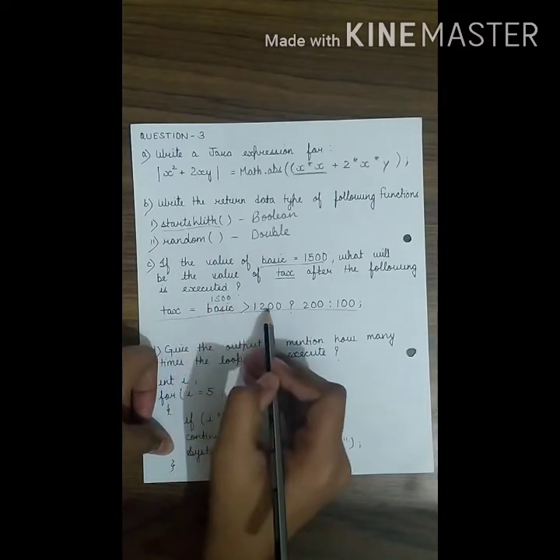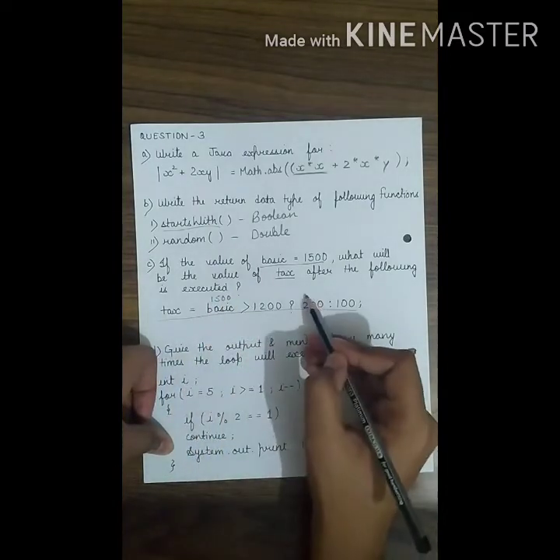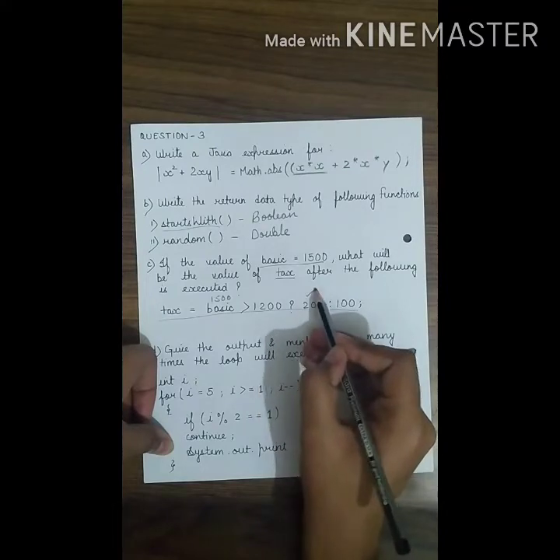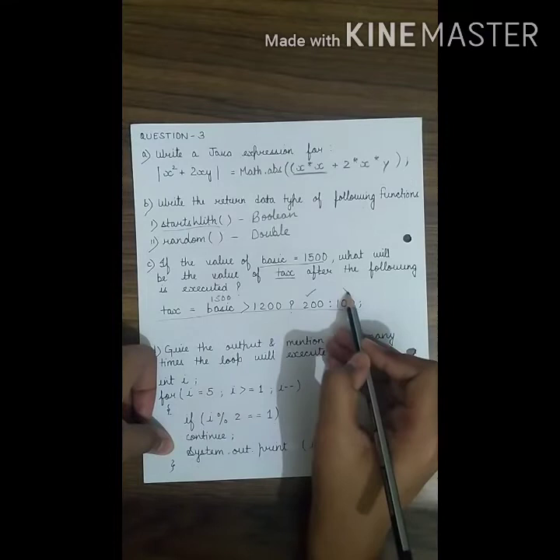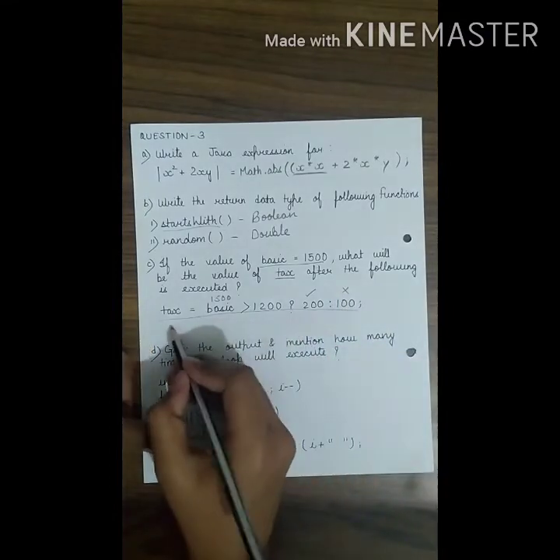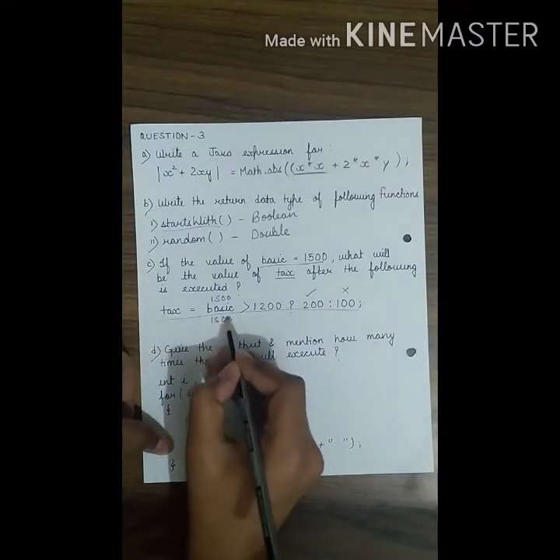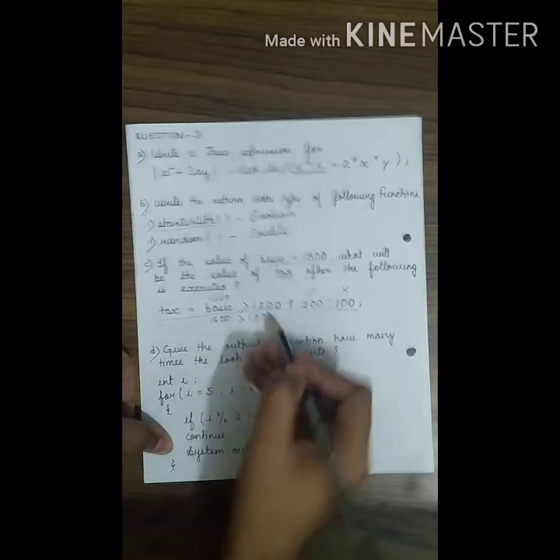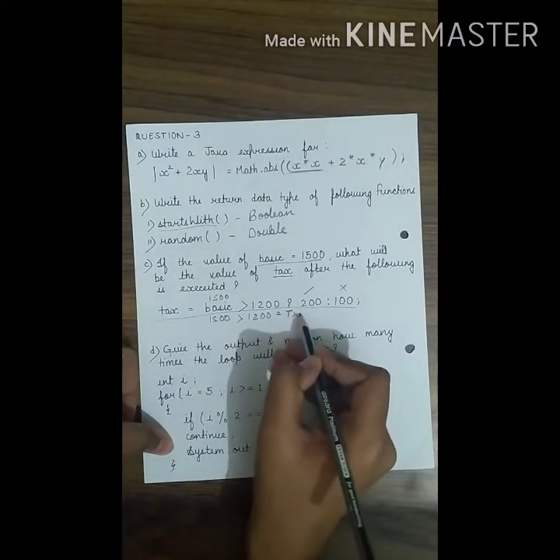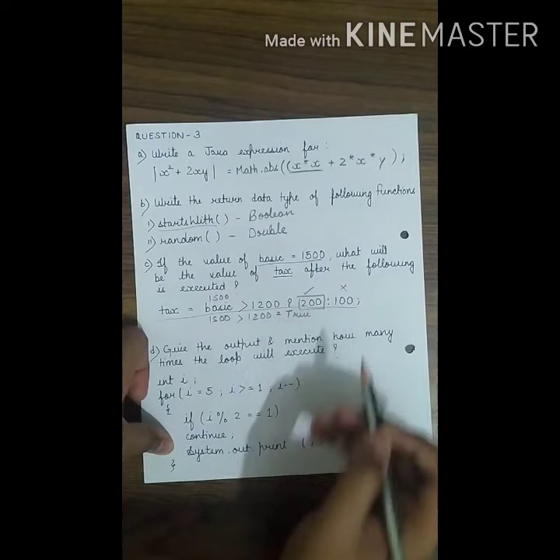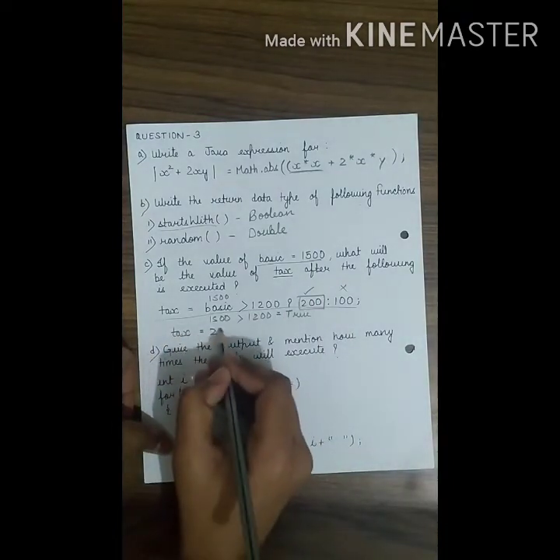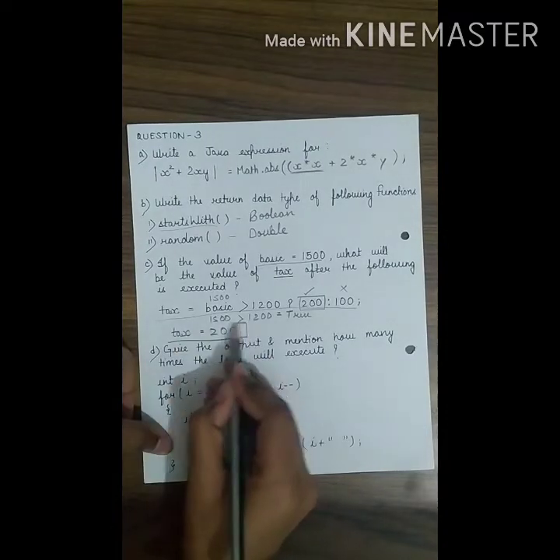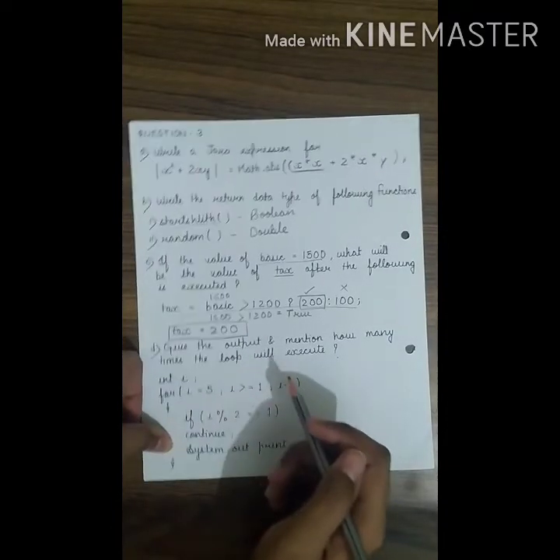If basic is greater than 1200, this will be the output, and if basic is smaller than 1200, this will be the output. So 1500 is greater than 1200, it is true, so 200 will be the output. So the value of tax will be 200.